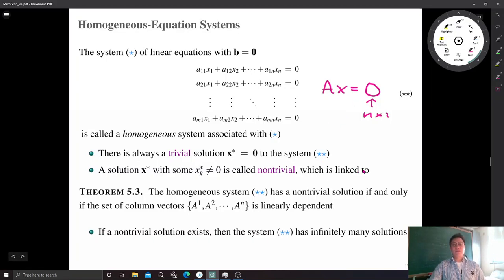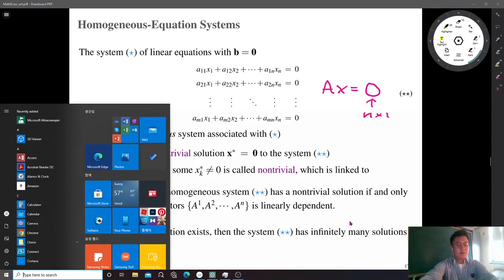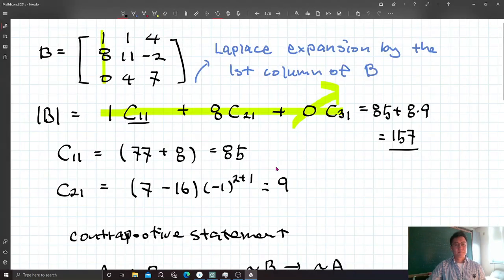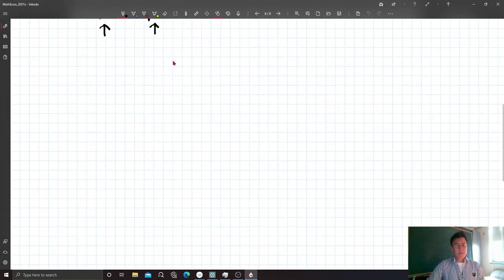And this is linked to linear independence or linear dependence. I think we discussed linearly independent vectors last week, so let me remind you of the definition. Suppose we have a set of n vectors a1 to an.